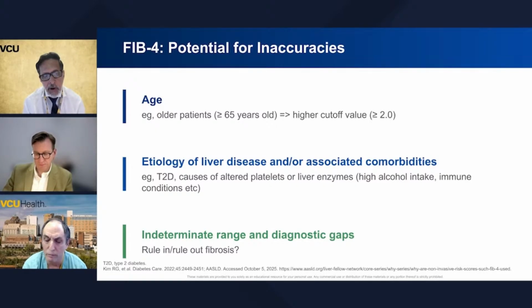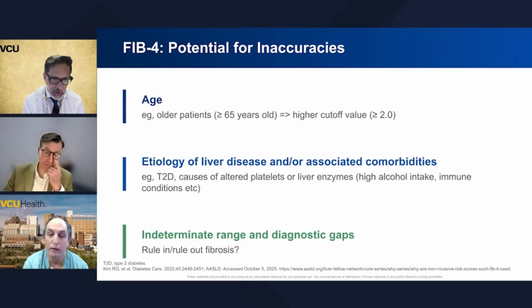But when you go above 1.3, there are a couple of zones. One where you are relatively confident that someone has advanced fibrosis, and another one which is sort of an intermediate zone. It used to be called the indeterminate zone, but that's when we were relating all of this to fibrosis. But we do now also have data linking this to clinical outcomes.